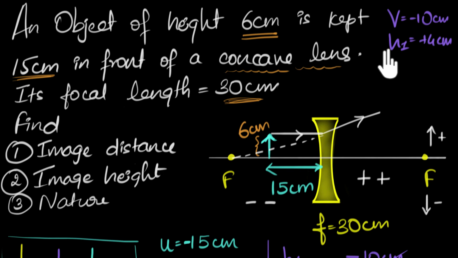That's telling me that the image is somewhere over here, 10 centimeters from the lens, because this is 15. And the image height is 4 centimeters, which means it's smaller. So it's going to look somewhat like this. I know the whole diagram looks a little bit messy, but that's what it's telling me.